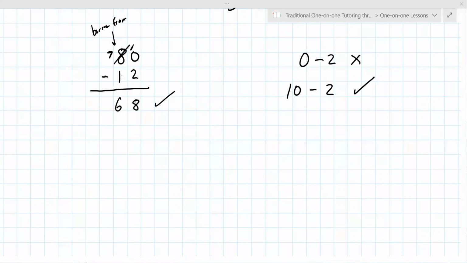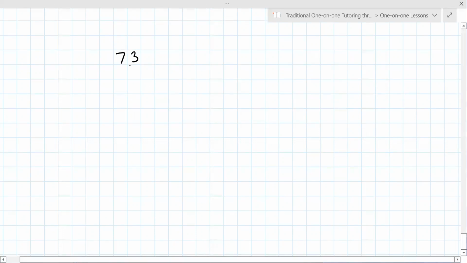Okay, got it down. Perfect. Let's try another one here. 73 minus 25. When you look at the first column, the 3 and the 5, you're supposed to notice that 3 is smaller than 5. You cannot do 3 minus 5.